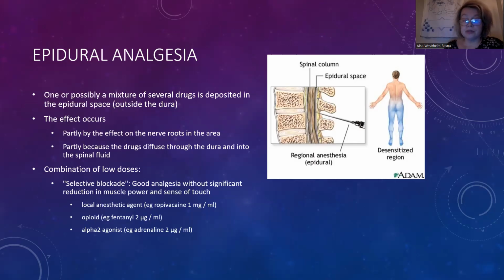And a combination of low doses gives a selective blockage, which is a good analgesia without significant reduction of muscle power and sense of touch. For instance, a local anesthetic, an opioid, and an alpha-2 agonist.